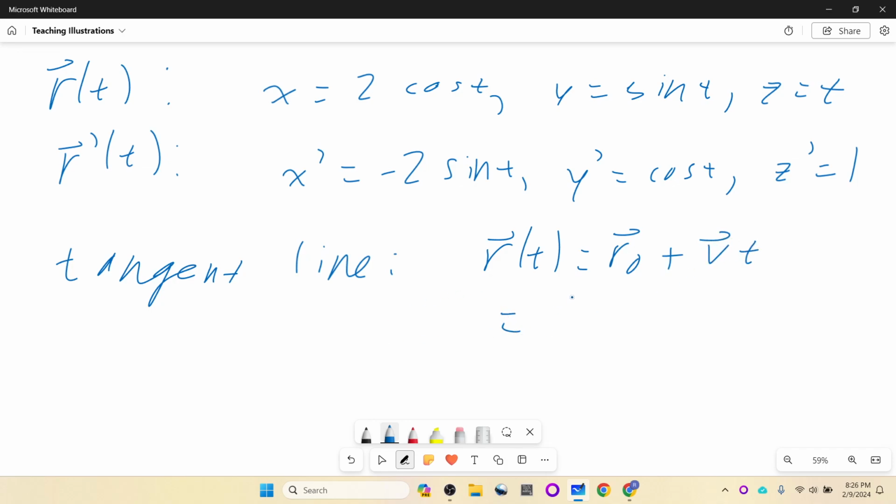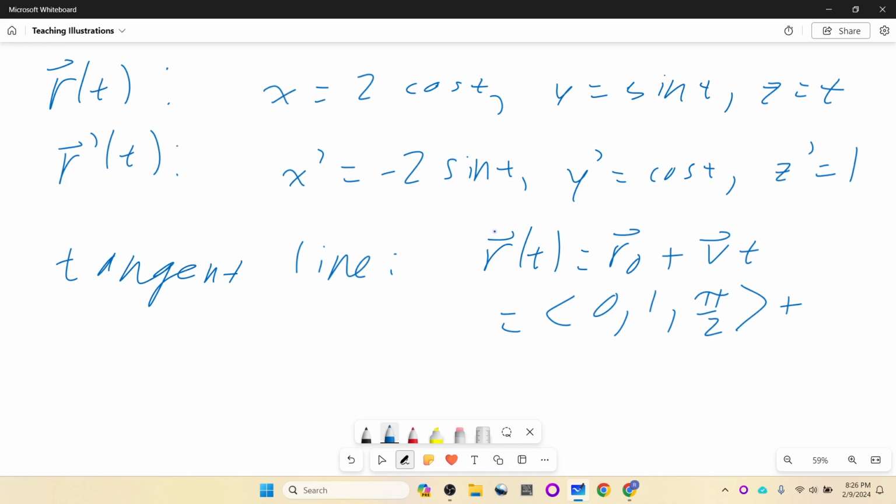So r naught is our starting point written as a vector, 0, 1, pi halves, plus vt, which should be, okay. What is v, actually? V is supposed to be a constant, right? This is something to think about.